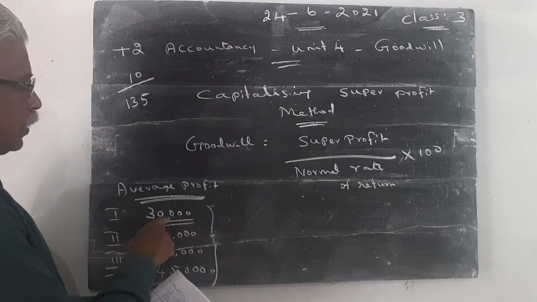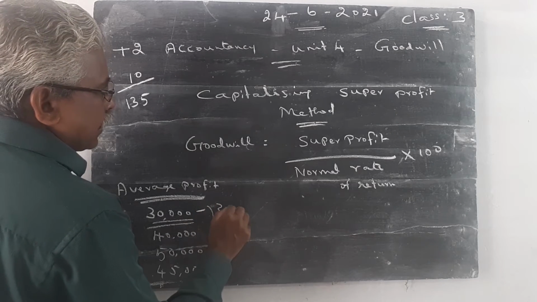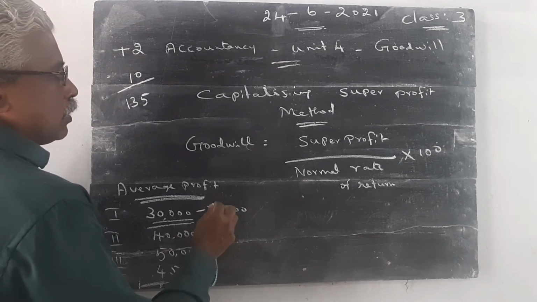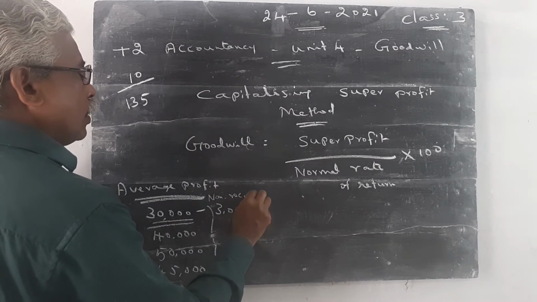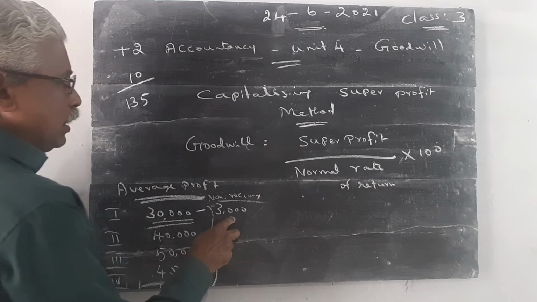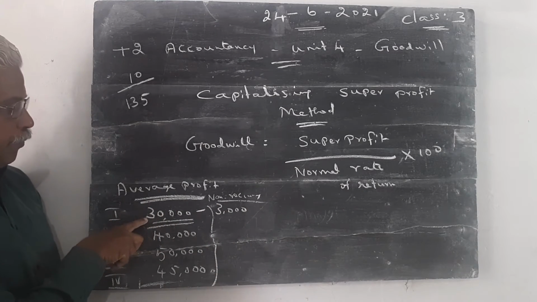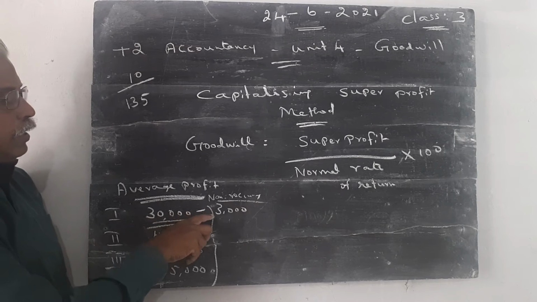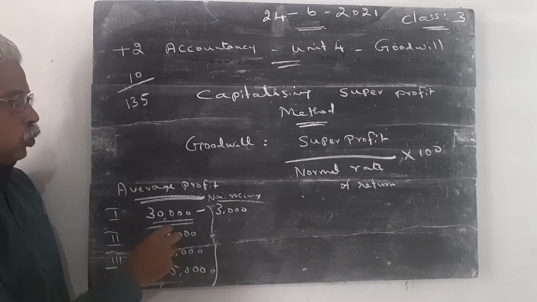So out of this 30,000, the 3,000 rupees is subtracted because it is a non-recurring income. Non-recurring income 3,000 rupees is included with this 30,000. It is given in the question.